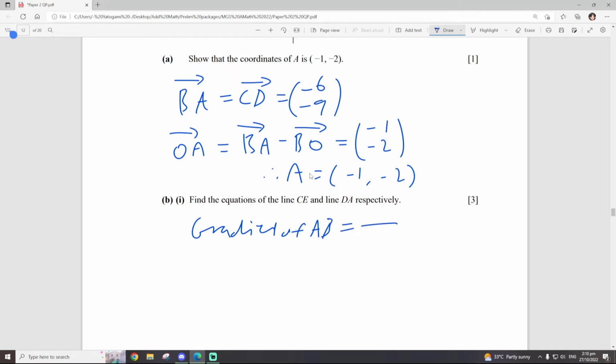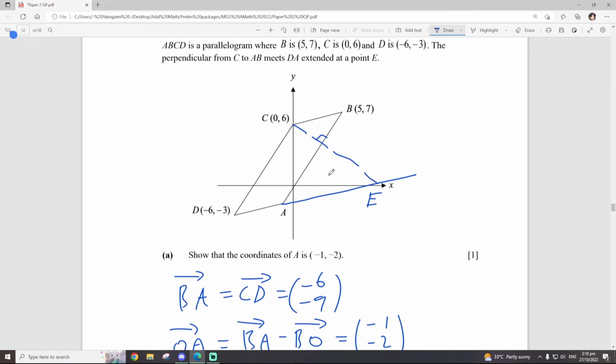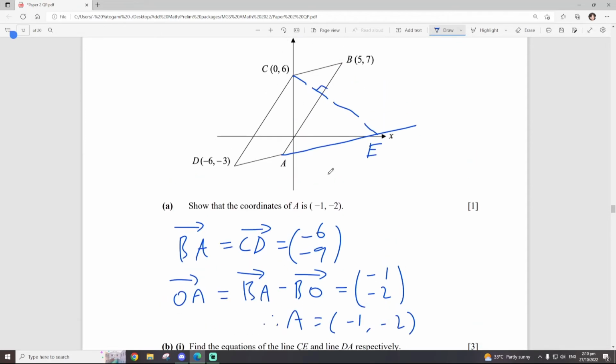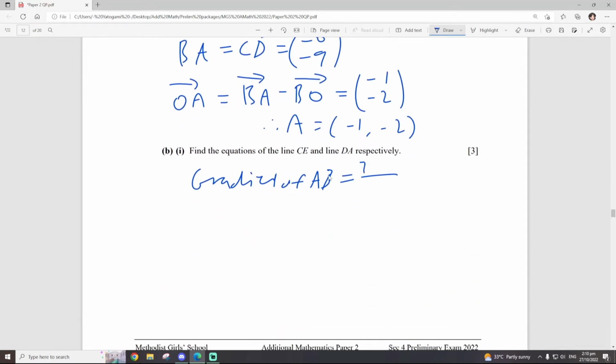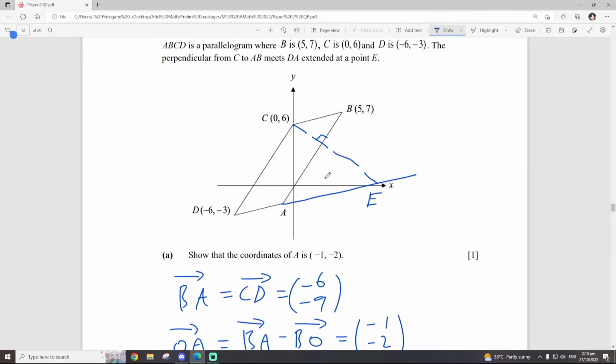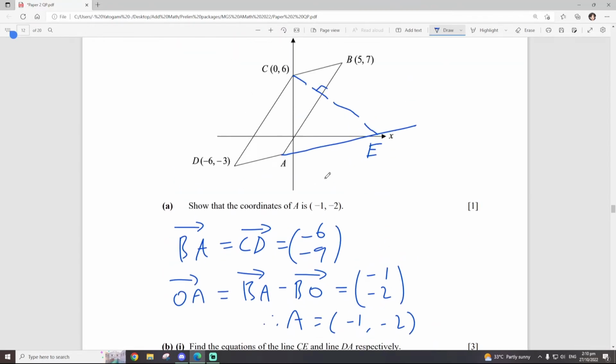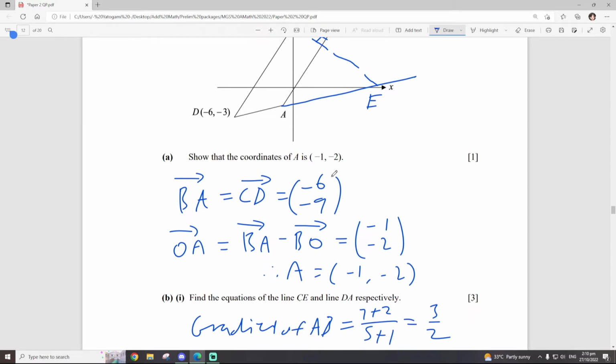Which is (7 plus 2)/(5 plus 1) equals 3/2. What is the gradient?